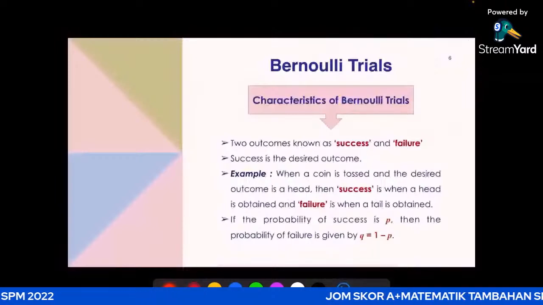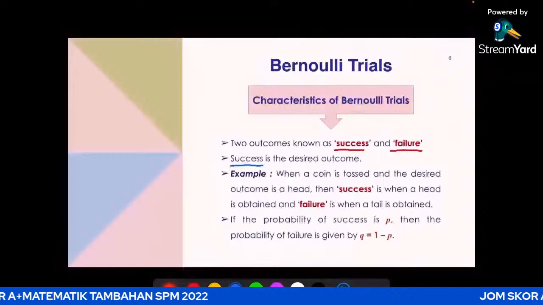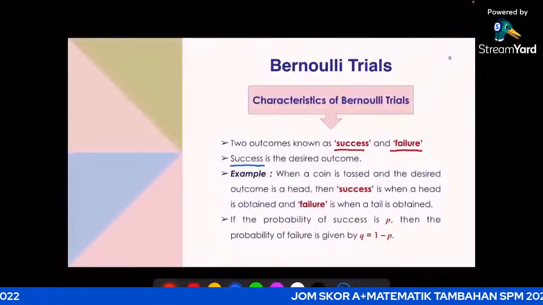Success in this case means a desired outcome. So when we do the experiment, we want to see apa yang kita nak tengok dalam eksperimen tu. The success doesn't mean the good things. It could be anything that we desire.